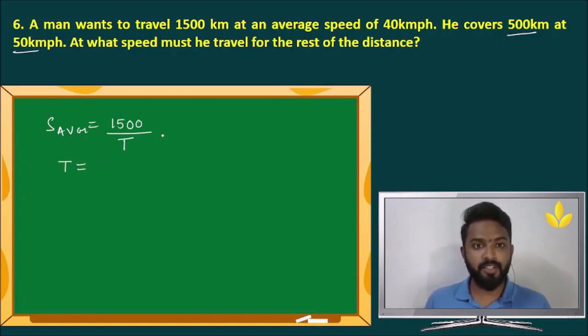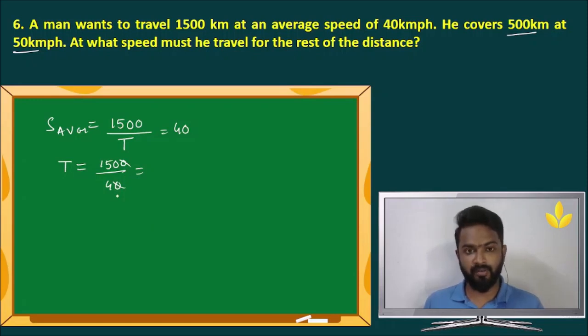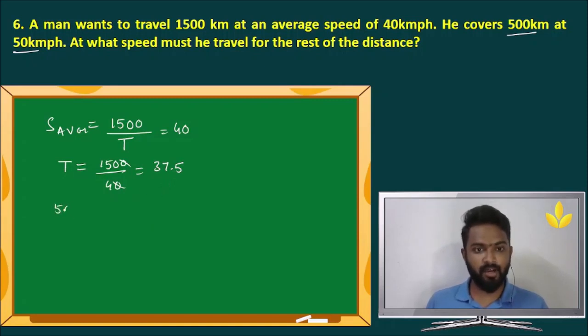Average speed is nothing but 40 km per hour. So time taken is nothing but 1500 divided by 40. This one gone. 150 by 4. 150 by 2 is 75. That by 2 is 37.5 hours. So in the first leg of the journey, the man travels 500 kilometers divided by 50 km per hour.